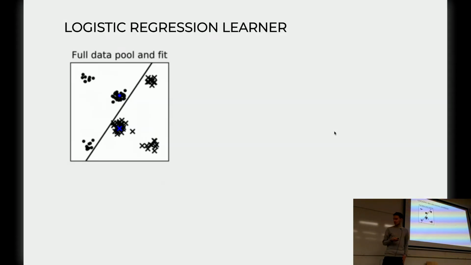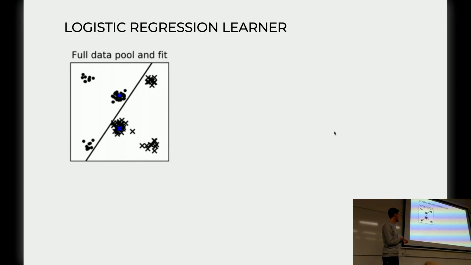So here's an example for a logistic regression learner. This is the full pool of unlabeled data, although here we can see the labels. There are crosses and circles. And given the full data, if you fit a logistic regression model here, the decision boundary will go there, the black line.